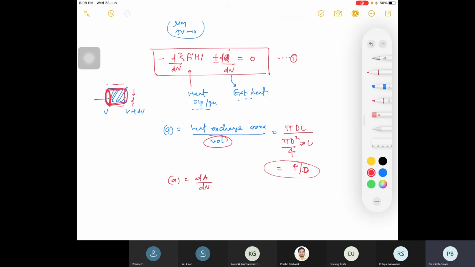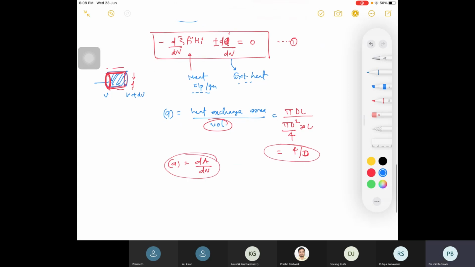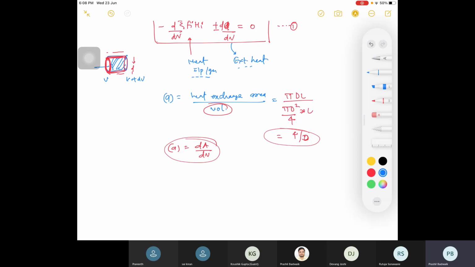So please replace. What can you replace here? Okay, before that, we'll find area into dV is your dA, that is your heat exchange area, and this is your equation for heat exchange area.